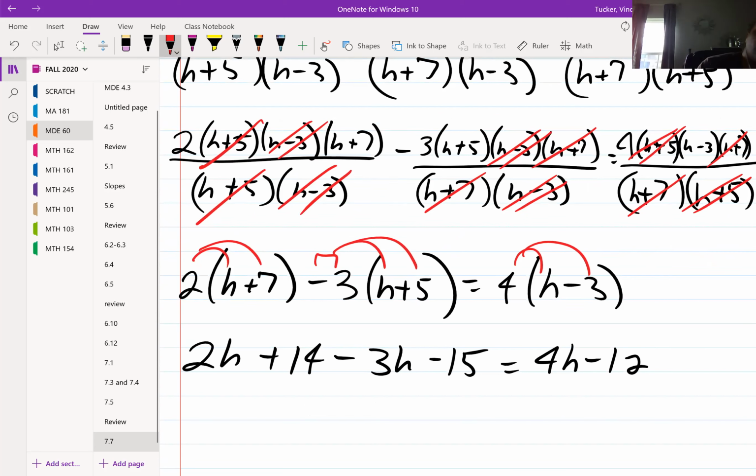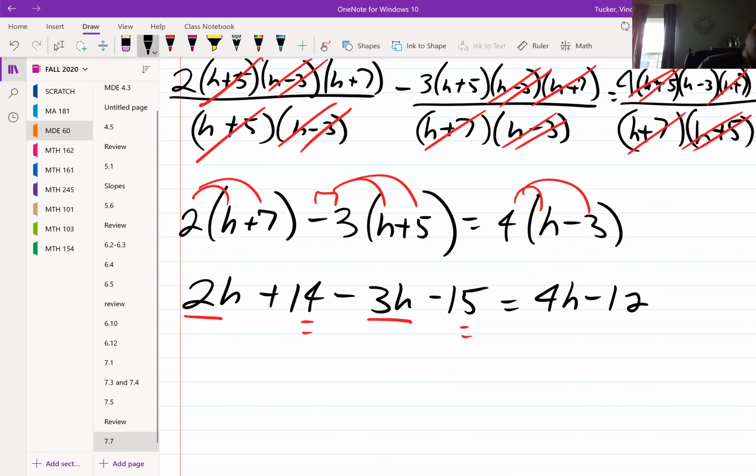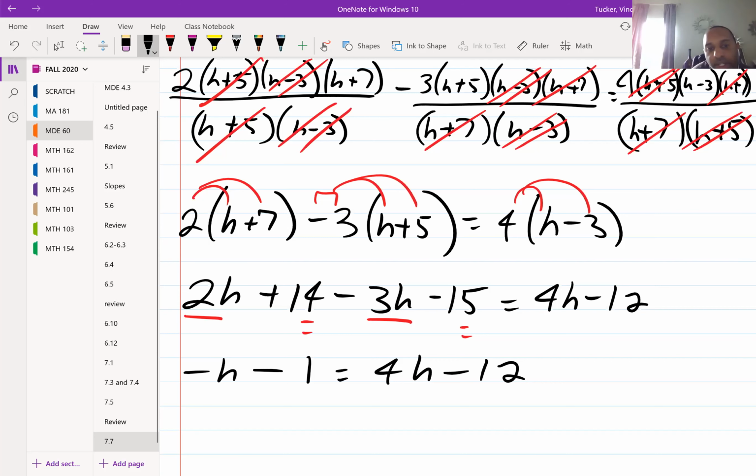Then combine like terms. So negative 1h. Right, 2h minus 3h is negative 1h. 14 minus 15 is negative 1.